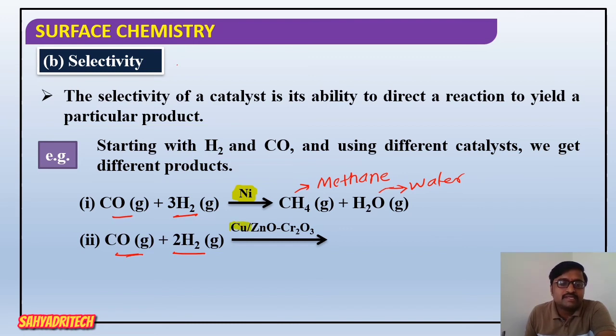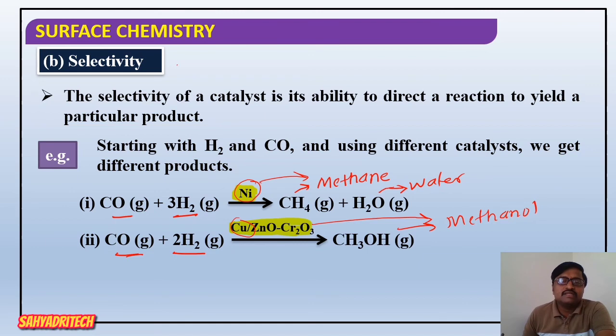Copper, a mixture of copper with zinc oxide or chromic oxide, Cr2O3, is used as a catalyst. Now if I analyze the product, what is the product formed here? Yes, the product formed is methanol, an alcohol. In the first case, if you use nickel, methane is formed. If you use copper as a catalyst, methanol is formed.